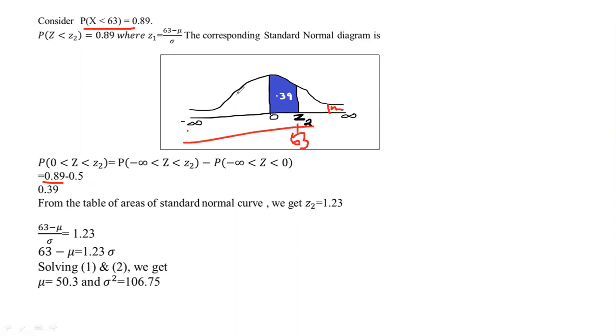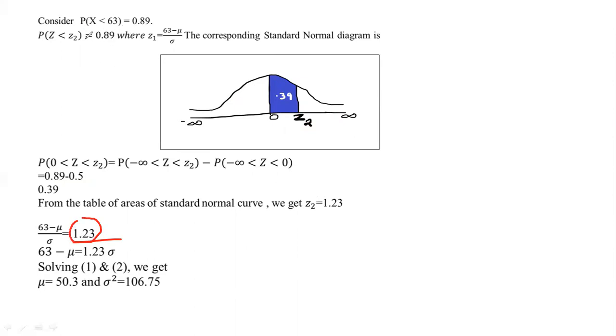We already know that half of the area is on the left side of the mean line, so the rest of the area is 0.39. Then we take the respective value from the table, which is 1.23. So 1.23 is the z2 value.